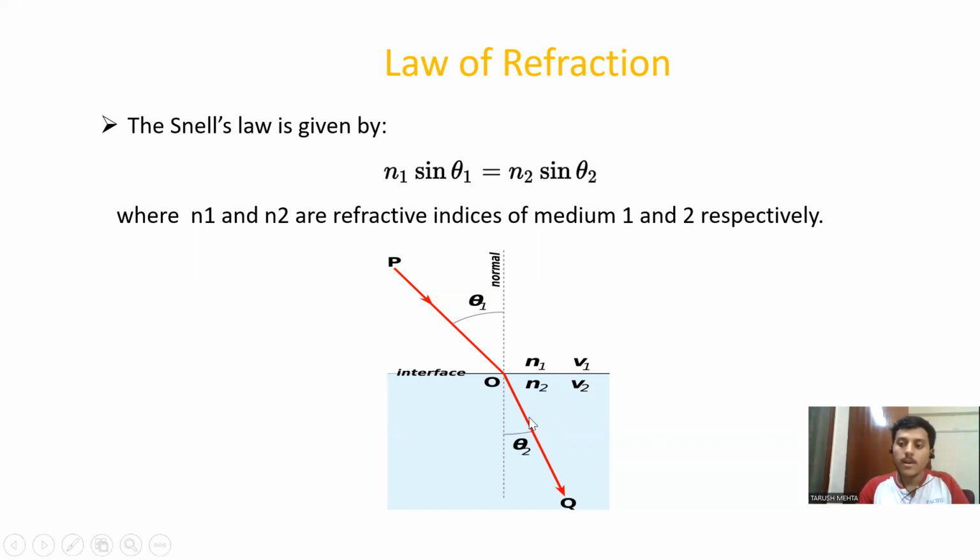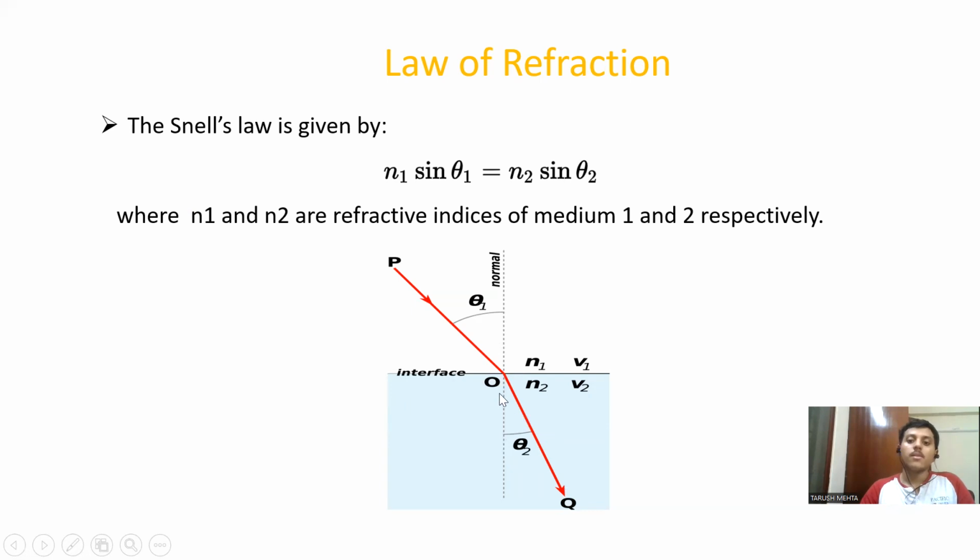So it is possible that whenever the light is entering from a denser to a rarer medium, up to a certain angle, the light will transmit to the other medium. Beyond a certain angle, the light will simply graze the boundary of the surface, in which case the transmission angle will become completely 90 degrees. So if theta 2 is the incident angle and theta 1 is the transmission angle, then theta 1 will become 90 degrees.